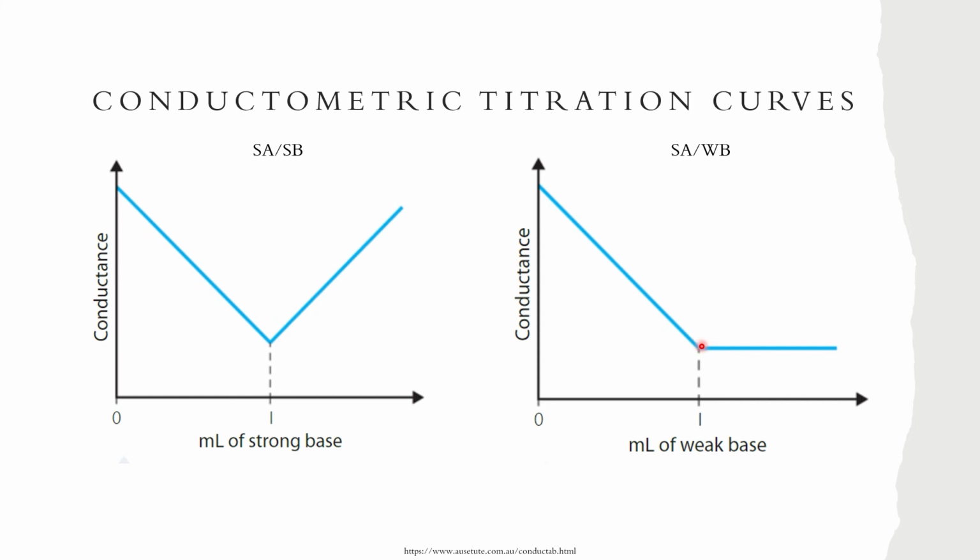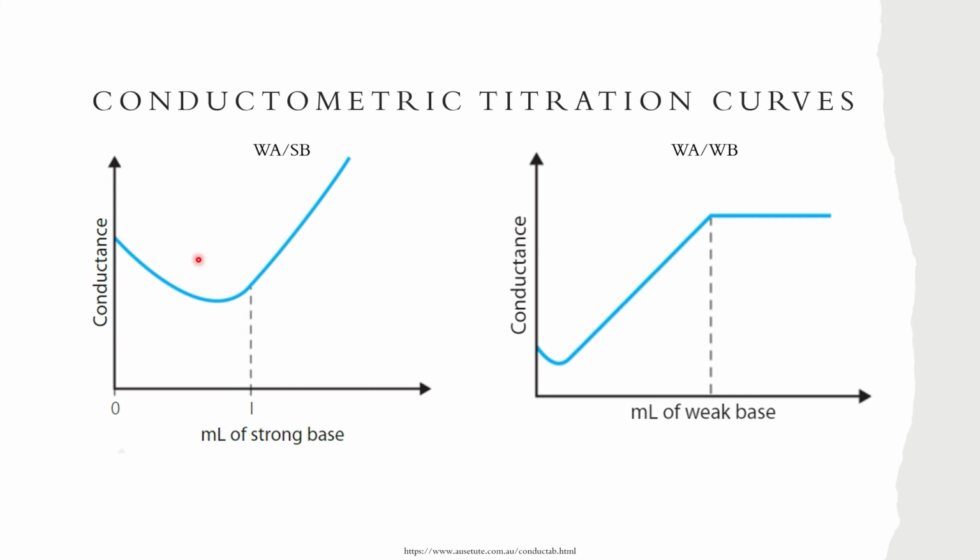And as we add more and more weak base, there's going to be a very minimal change to the amount of hydroxide present. So you might find a little bit of a flat line in the conductance, maybe a slight increase, but the gradient of this line is going to be quite shallow, because we're not able to produce as much hydroxide as we did with the strong base, since the rate of dissociation for the weak base is significantly lower.